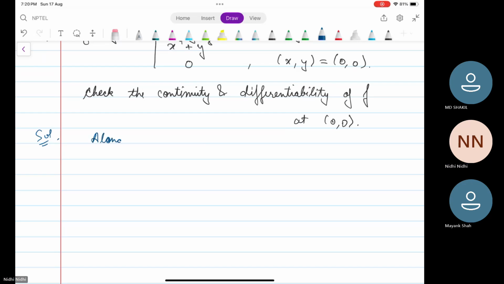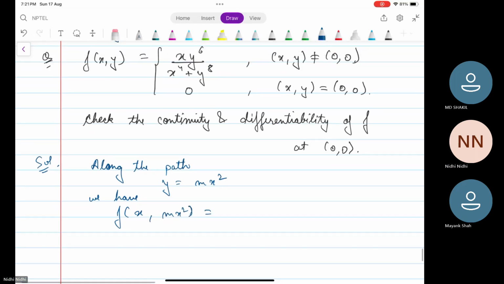Along the path x equals m y square, we have f(m y square, y). Sorry, we need to take x equals m y square.